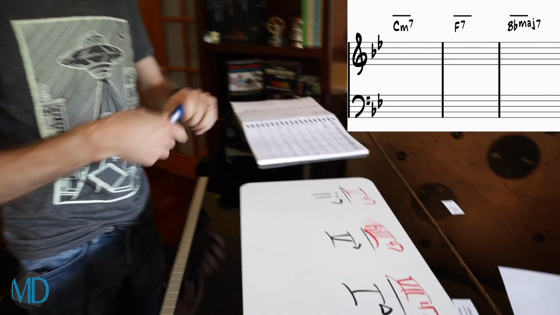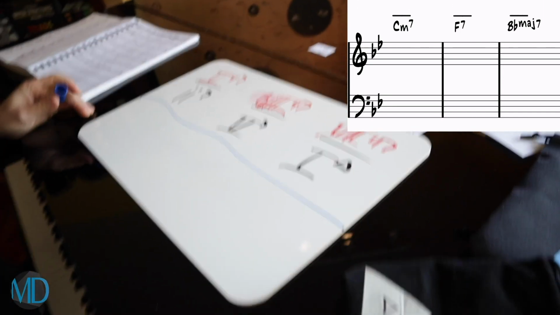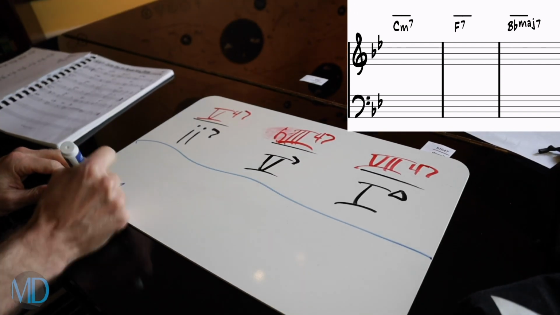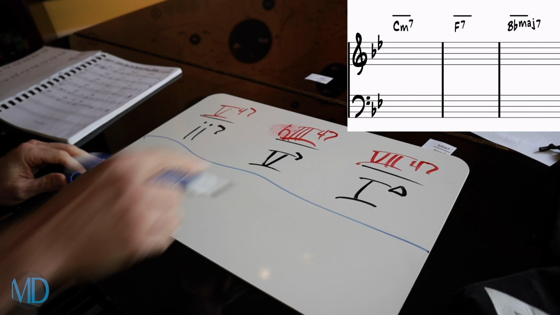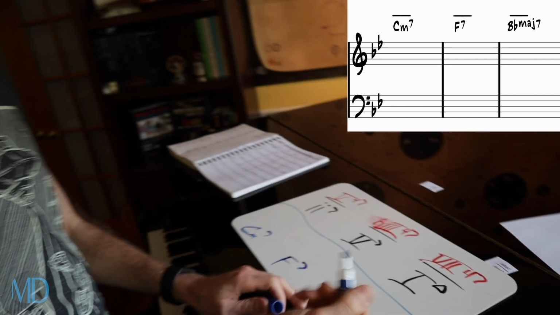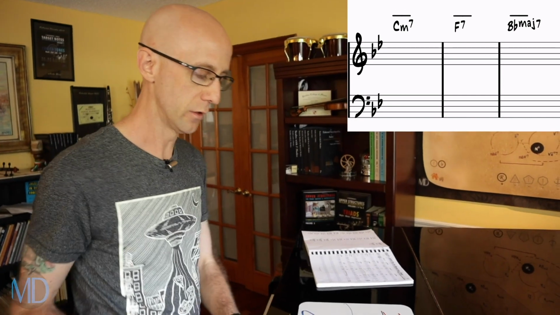Let's break this down one chord at a time. So the 2 chord in the key of B flat is C minor 7. The 5 chord is F7. And our 1 chord, of course, is B flat major 7.